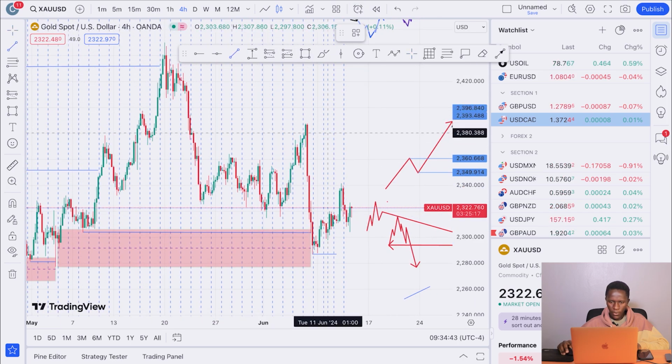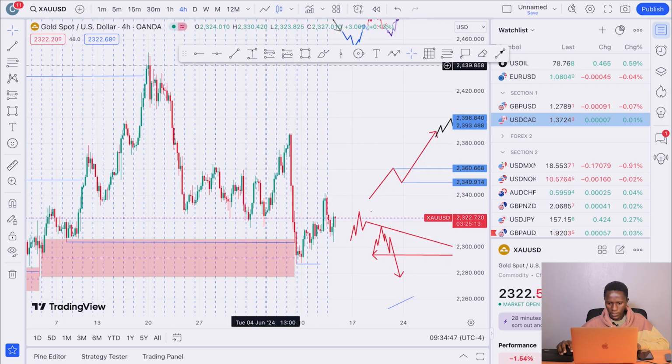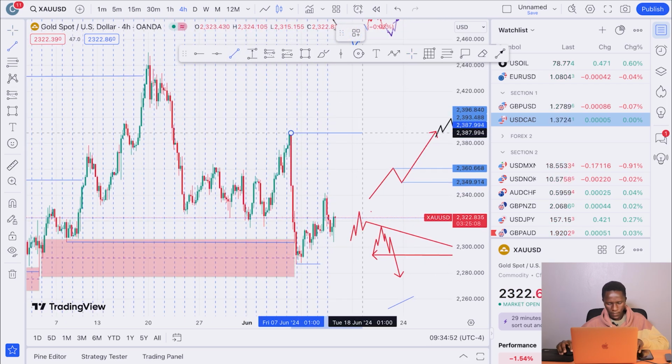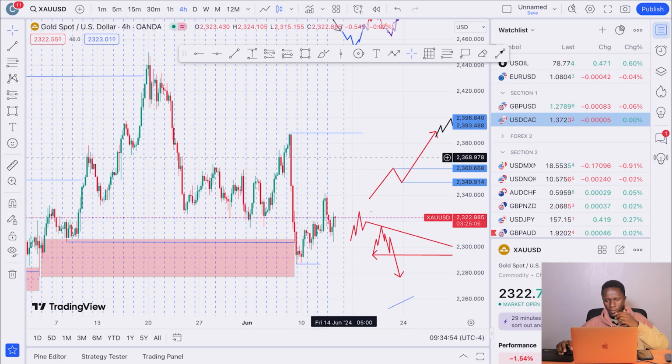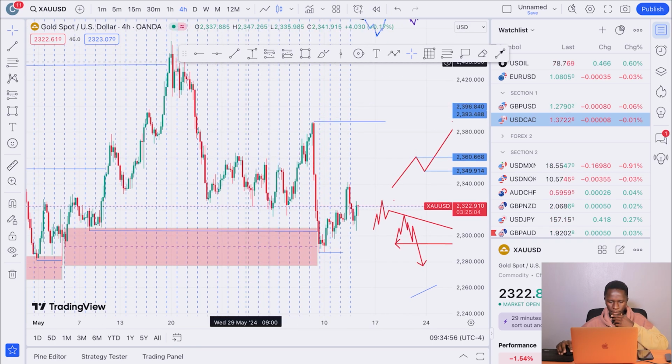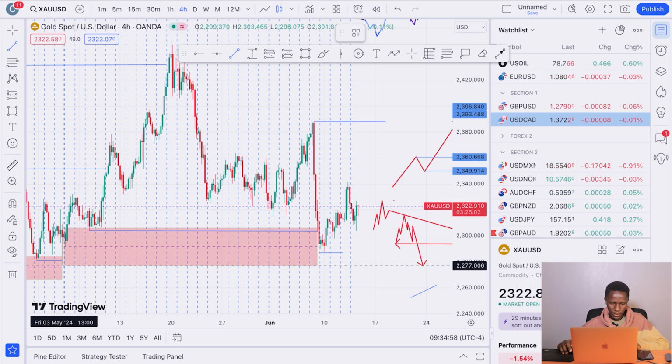Then, before we confirm the change of the main trend, it has to come and sweep this, because right now it is the protected high, and this is the protected low.